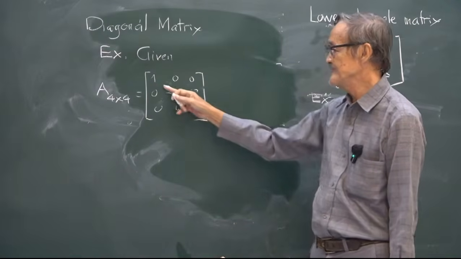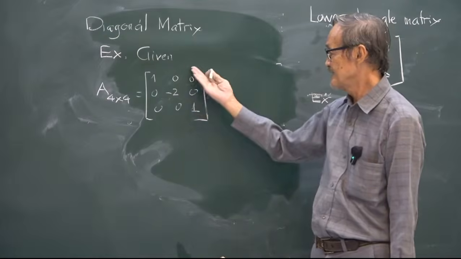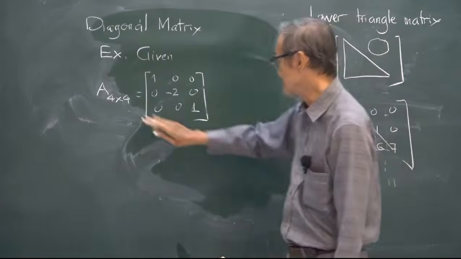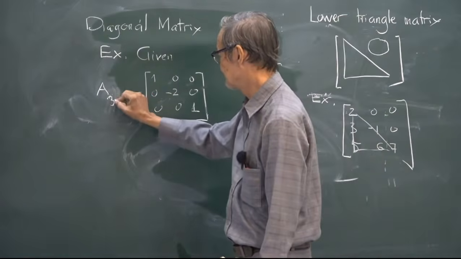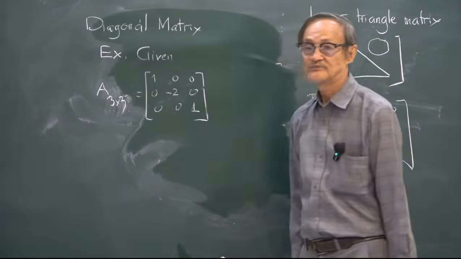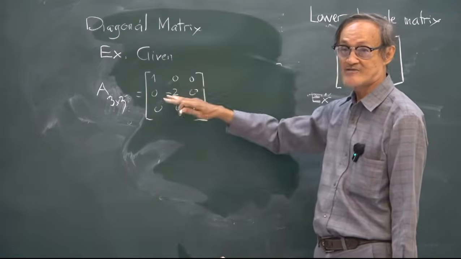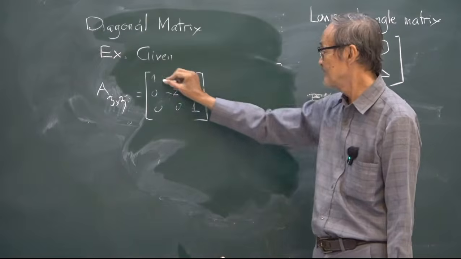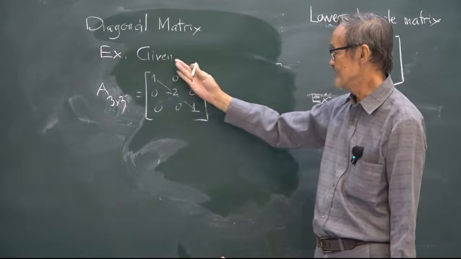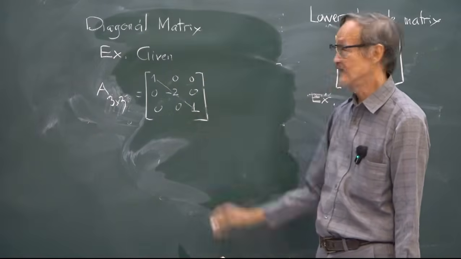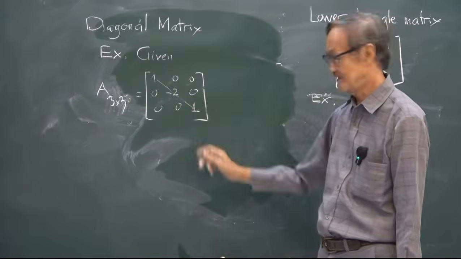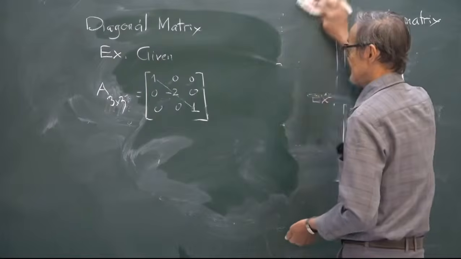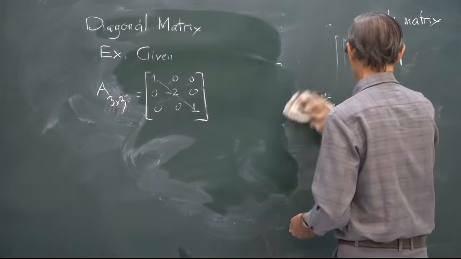You can see that the elements out of the main diagonal are all 0. This is called a diagonal matrix.